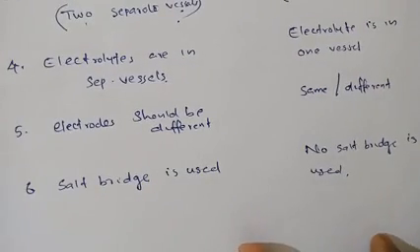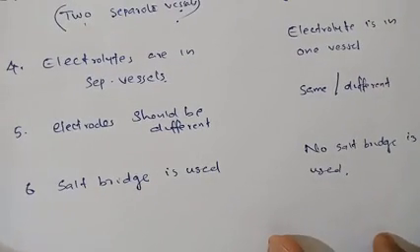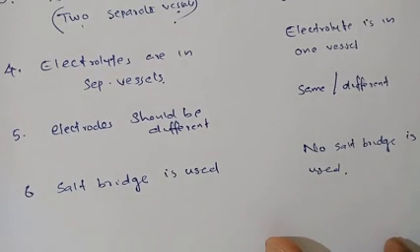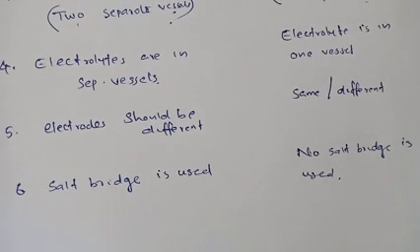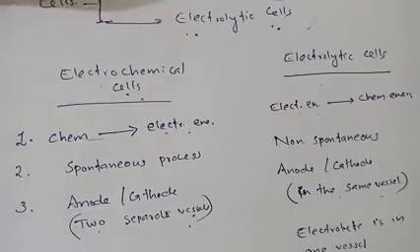Okay, you may feel some difficulty with the classification. It is because we haven't yet discussed the electrochemical cell or the electrolytic cell. After discussing these cells, I will come back to this portion, and it will be easy for you to understand these differences.